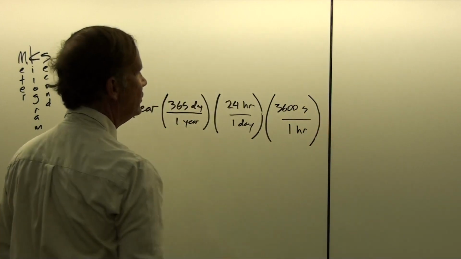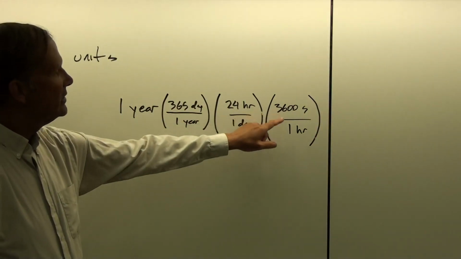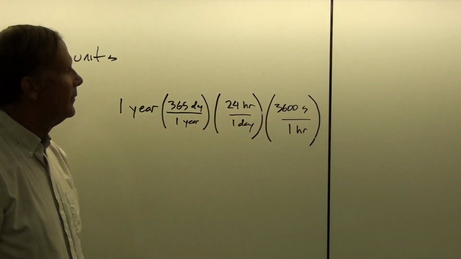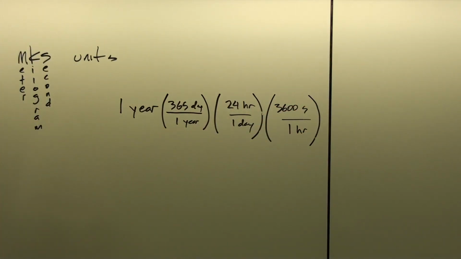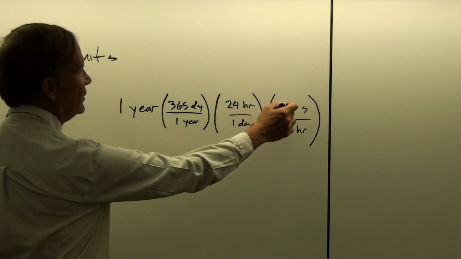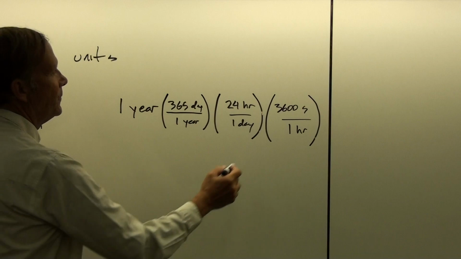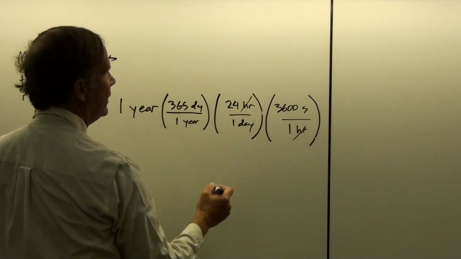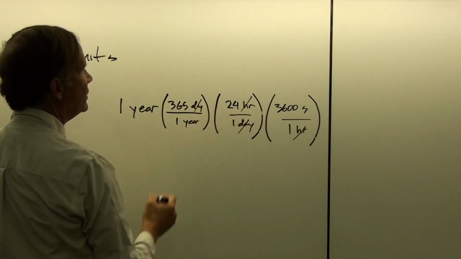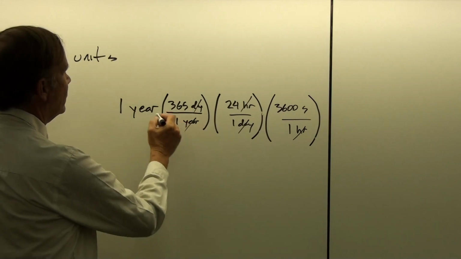Or you could do this in 2 steps. You could say that there's 60 minutes per hour, then 60 seconds per minute. But 60 times 60 is 3,600. And so that would save us a step by just doing this kind of a conversion. Then we can cancel out the units just as if they were numbers.